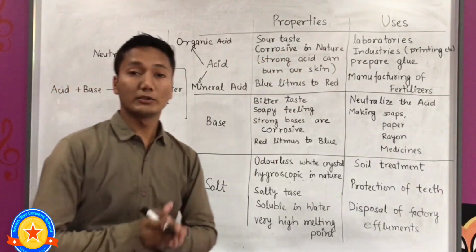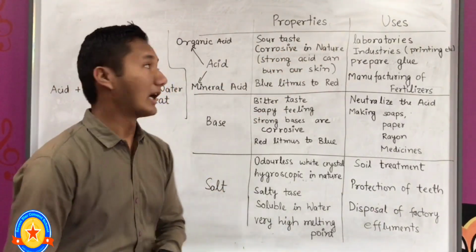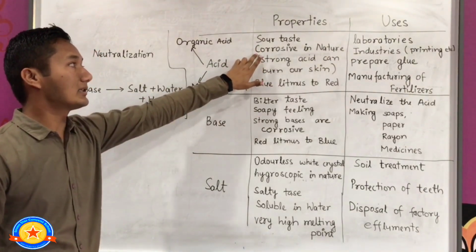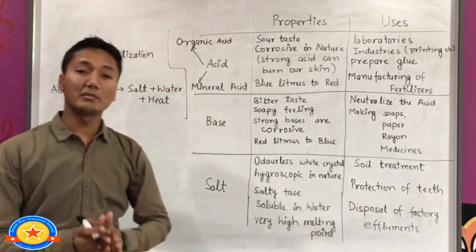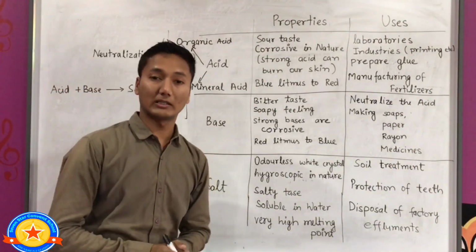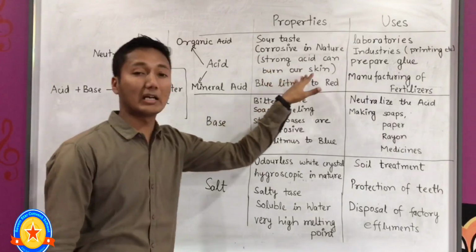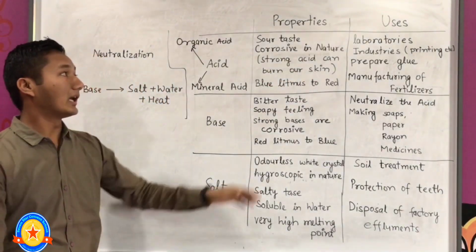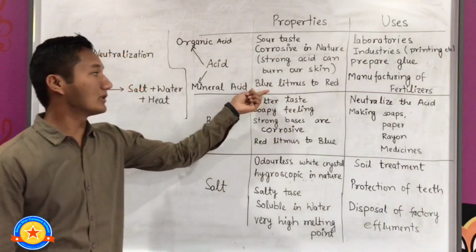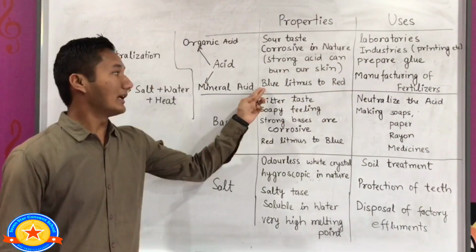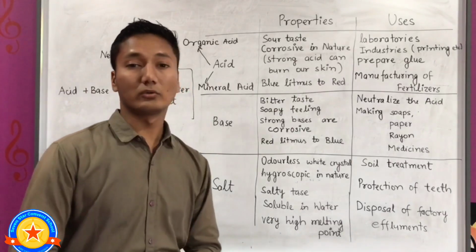It always has a sour taste, and acids are corrosive in nature. That means it is very dangerous for us. Even some strong acids can burn our skin also. And if we go further, acids turn blue litmus to red.